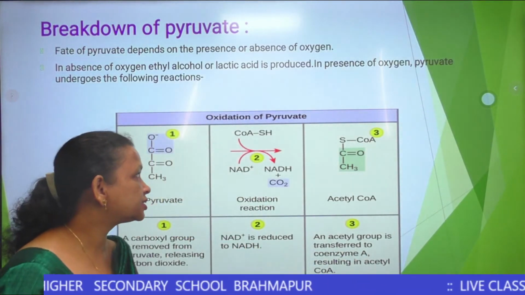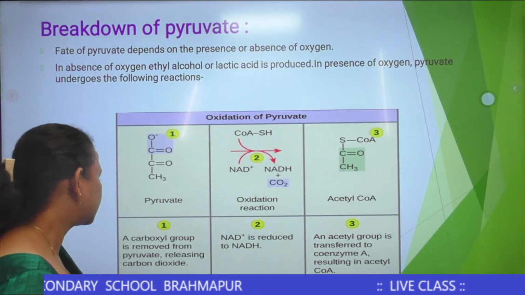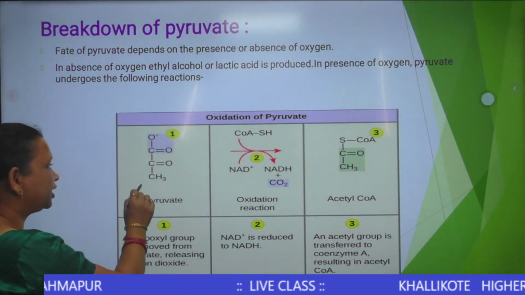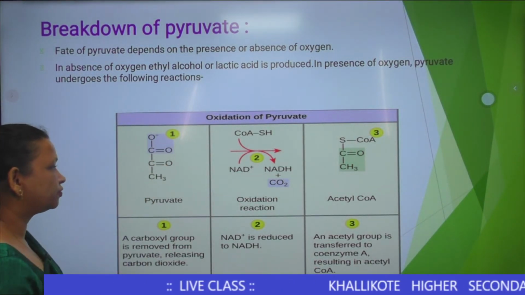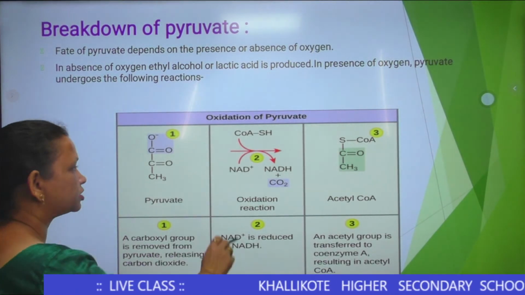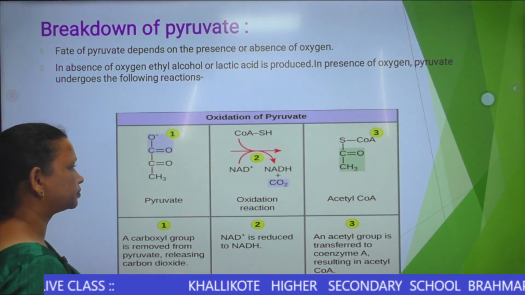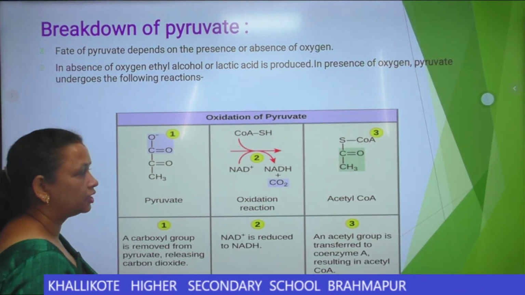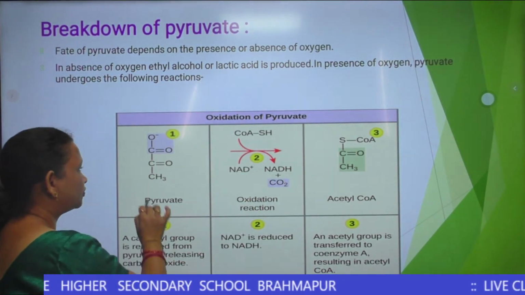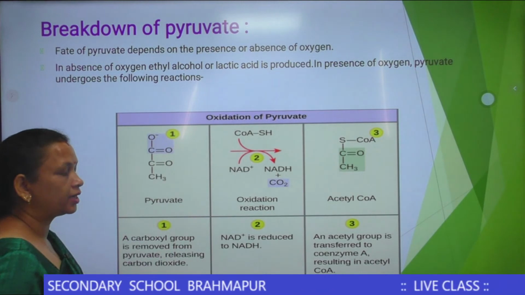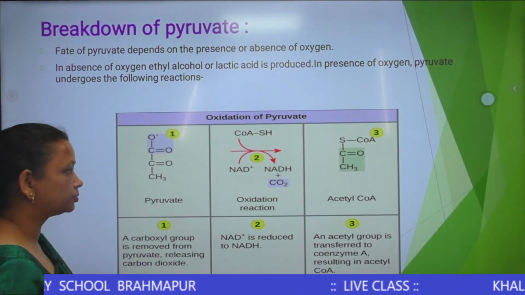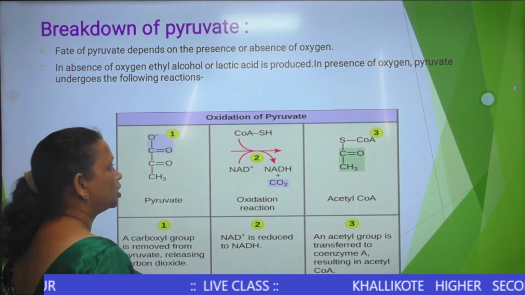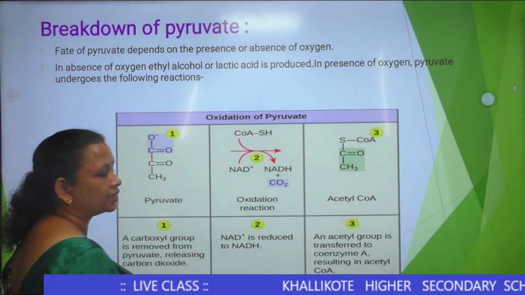So, what happens in oxidation of pyruvate is, this is a pyruvate molecule, a 3-carbon compound. Then this is the oxidation reaction. NAD gets converted to NADH, gains hydrogen. From pyruvate, 1 carbon dioxide is removed. So, decarboxylation also occurs. Coenzyme A gets attached.